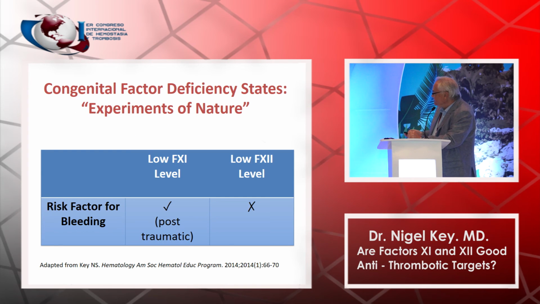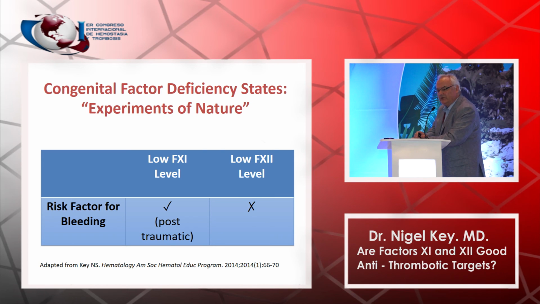So if we think about patients who have low factor 11 or factor 12 levels, we know something about the epidemiology. It's certainly not perfect by any means, but we know that patients with factor 11 deficiency can bleed, but they don't bleed spontaneously.